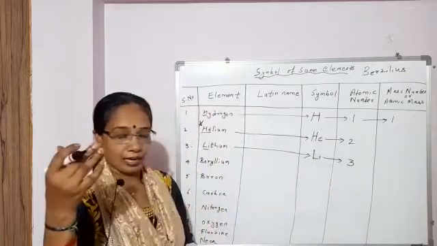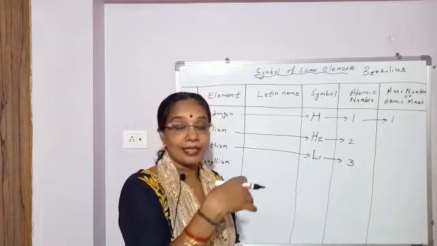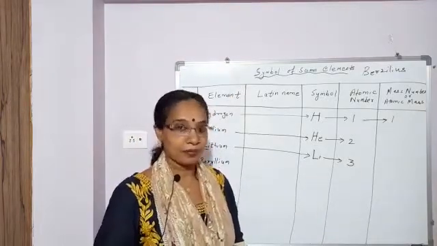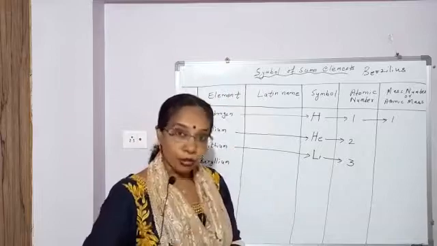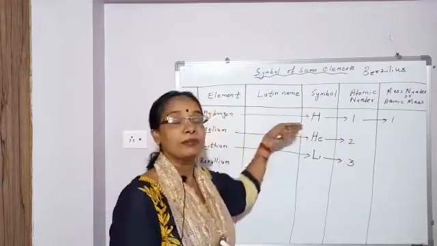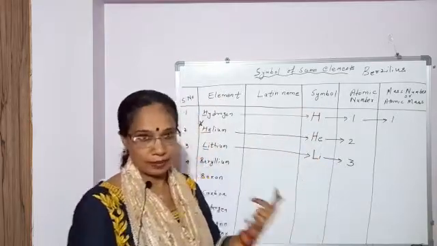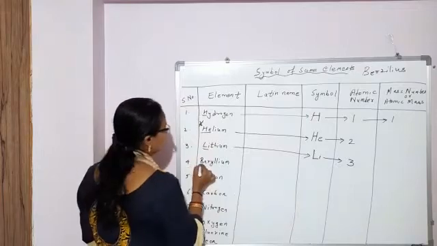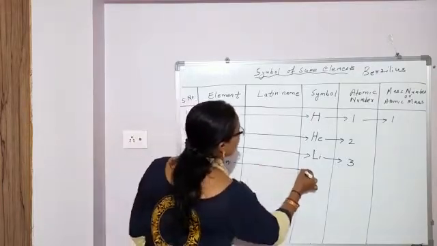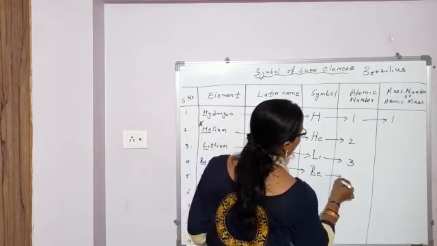Because just before I started this, I told you I am writing the elements in increasing order of atomic number, atomic number 1 to 20. So you learn in this order: hydrogen, helium, lithium, with atomic numbers 1, 2, 3. Okay. Next, beryllium. Again, the first two letters for beryllium. Symbol capital B, small e. And atomic number is 4.